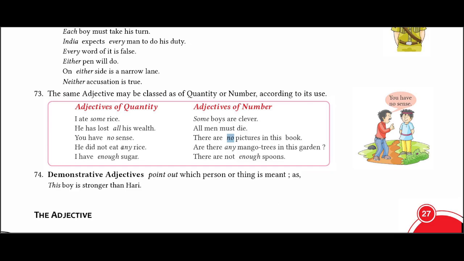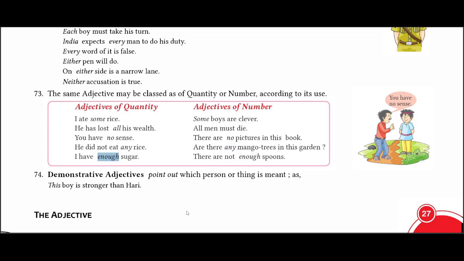He did not eat any rice. So any is telling the quantity of rice, adjective of quantity. Are there any mango trees in this garden? So any is telling the number of mango trees. So it's an adjective of number. I have enough sugar.